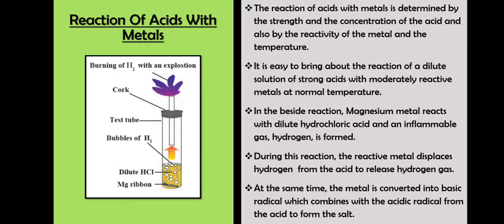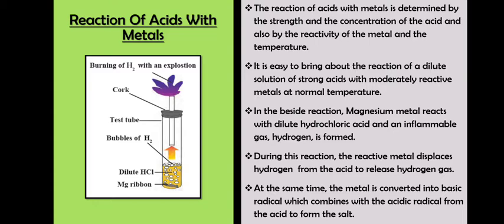Now, let us see reactions of acids with metal. The strength of the acid will determine the reactivity of the metal. Also, it depends upon the temperature. So it is easy to bring about the reaction of a dilute solution of strong acids with moderately reactive metals at normal temperature.